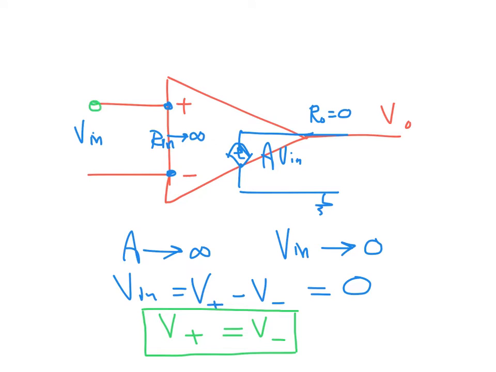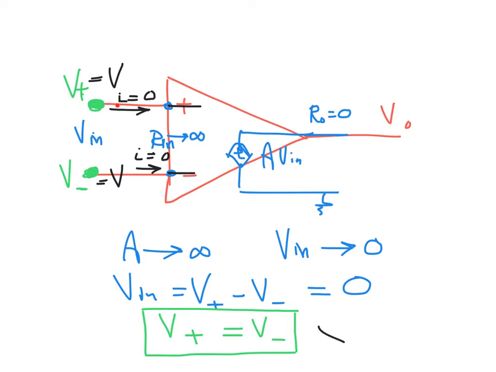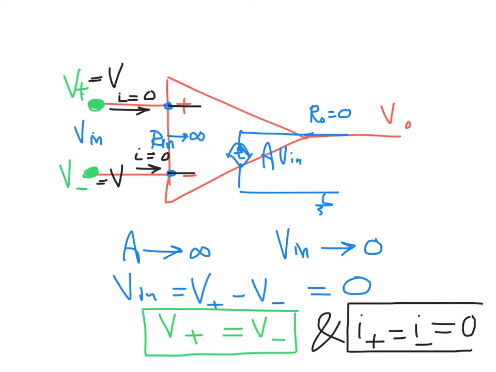So if we have any voltage at one of both terminals equal to some specific voltage V, the other terminal should have approximately the same voltage, or in the ideal case exactly the same voltage V. The other interesting result: if we have an open circuit here, anything connected here, some current will flow, but here we have an open circuit, meaning this I will be 0 and this I will be 0. This means both input currents at the input terminals will be zero.